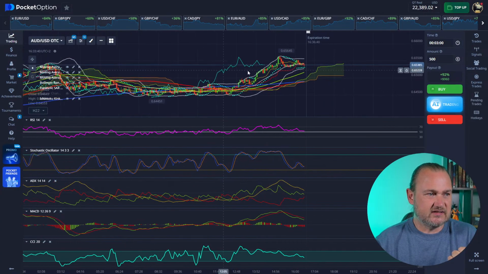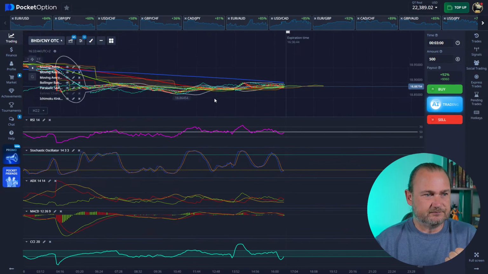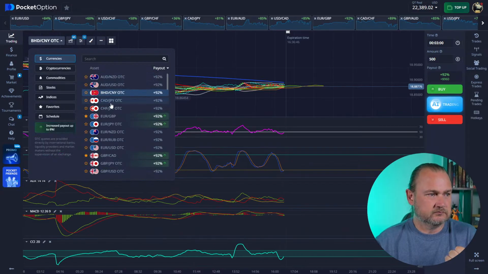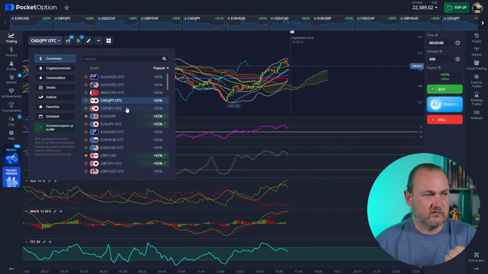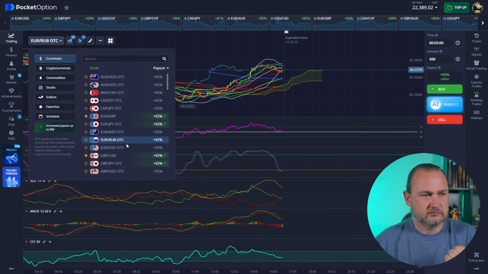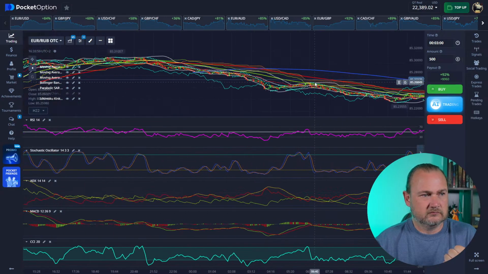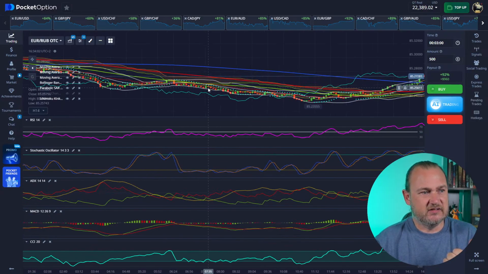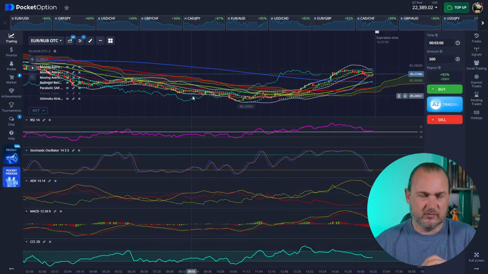Let me just find an asset that's trending really nicely. Of course, I won't find one quick. Okay, so this is a fairly decent trending asset, not particularly ideal, but still.